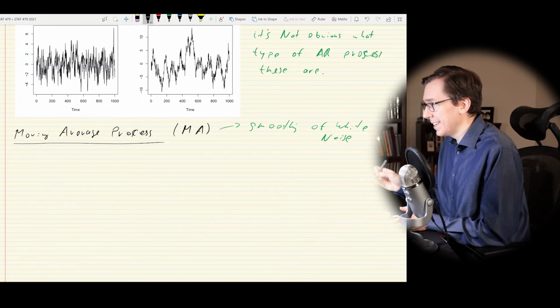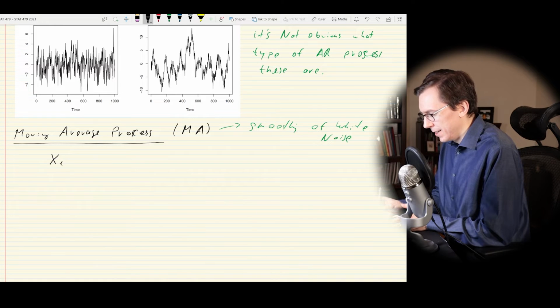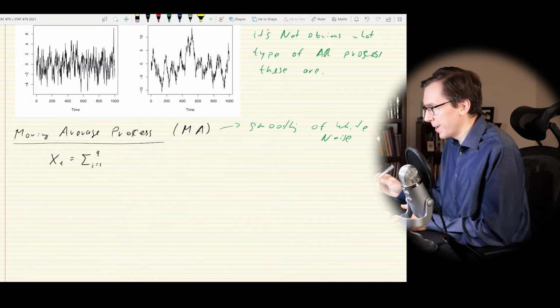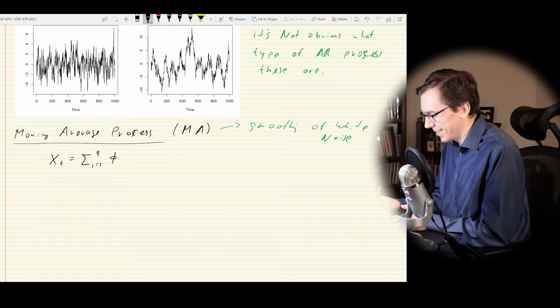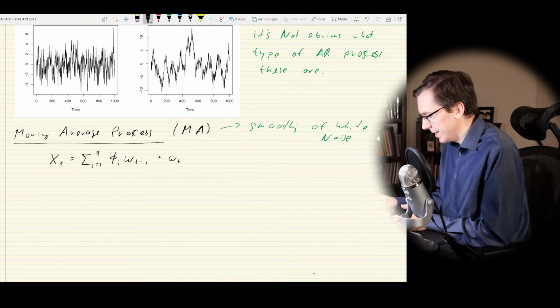And what I mean by that is that we can write out the formula, and the formula we're going to get is that x_t is going to be the sum from j equals 1 to q of, not theta, we need to make sure we have unique Greek letters here because we're eventually going to combine these, so we have phi_j w_{t-j}, plus w_t, and this is going to be an MA of order q.